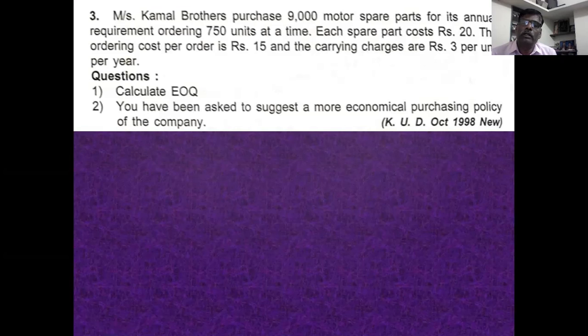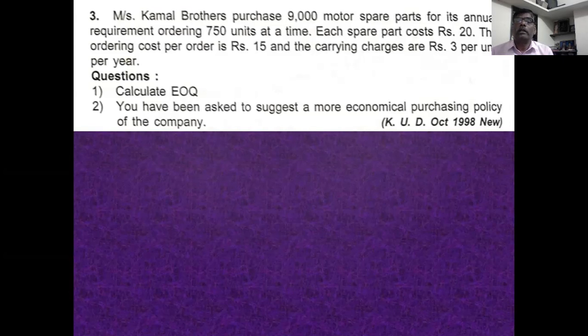First you calculate your economic order quantity. Then you have been asked to suggest a more economic purchasing policy for the company. More economical purchase is nothing but you have to suggest the economic order quantity to be purchased.